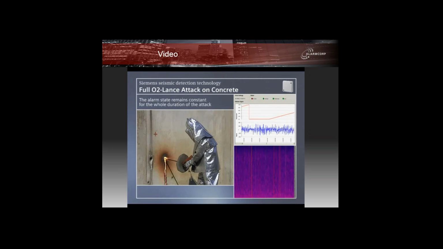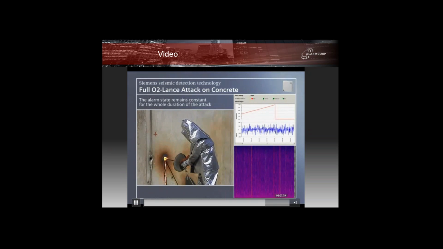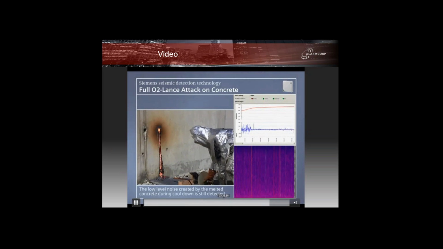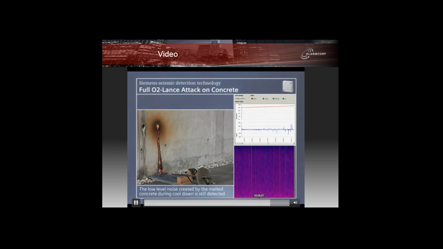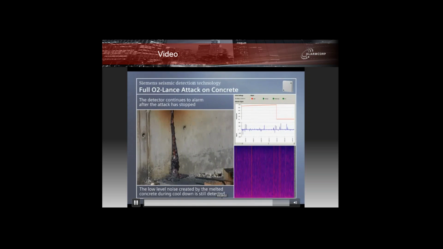So hopefully you can see that it's just gone into alarm again, and it's raising back up. So in order to detect that, he's just finished, he's given up, he's walked away, and that's pretty much all the damage that he's done to the wall.